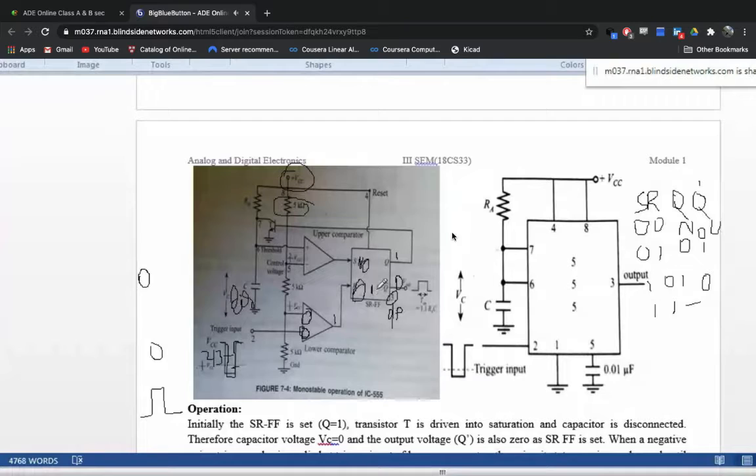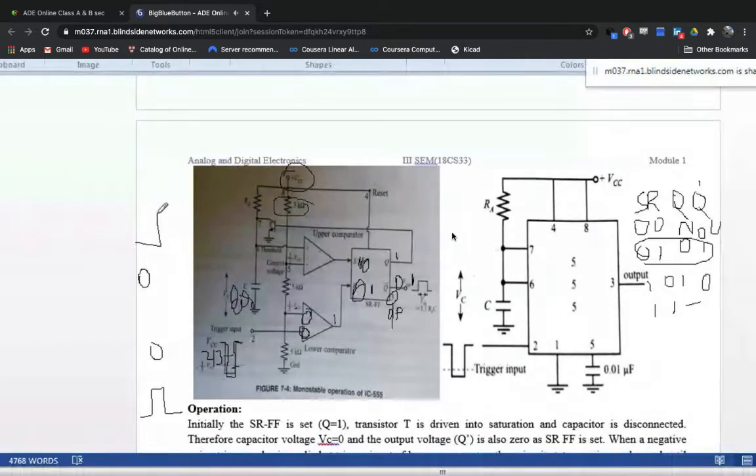Because S is equal to 1, when R changes to 1, this flip-flop is in the reset condition. Q will go to 0 and Q bar will be 1, so our output will come to 1.